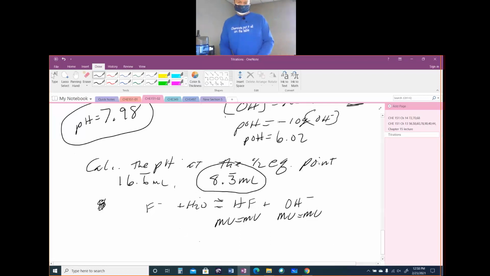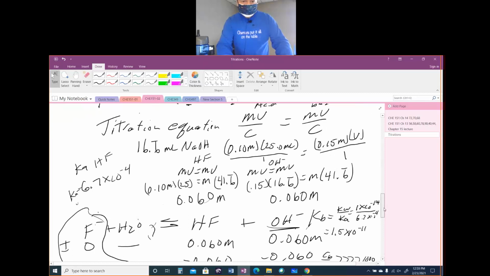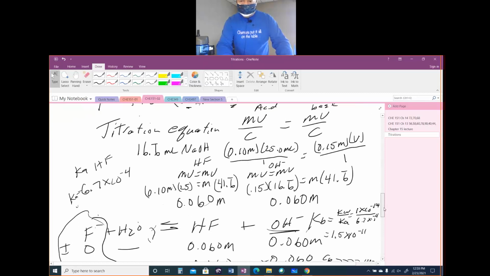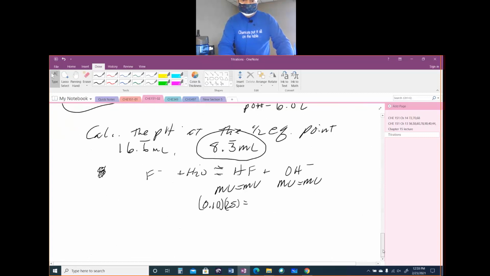All right, we have our HF, we had our 0.1 molar, we had our 25 mils. That is correct. And now that we've added 8.3 mils, now we're at 33.3 repeating. What's the molarity of that?